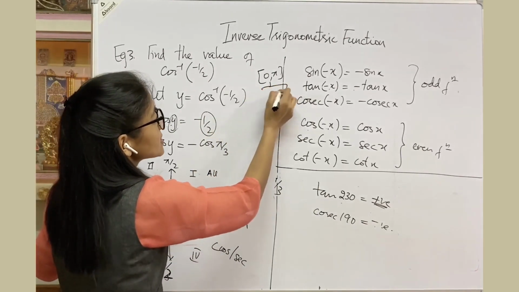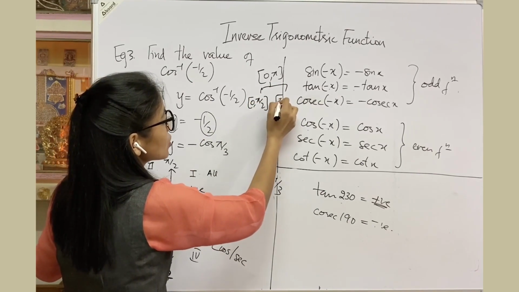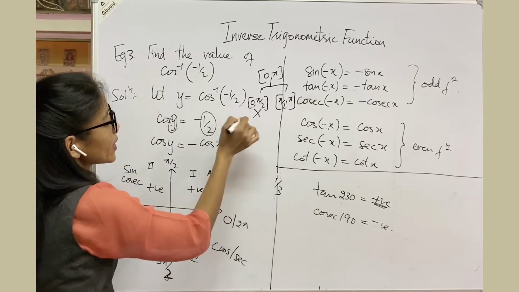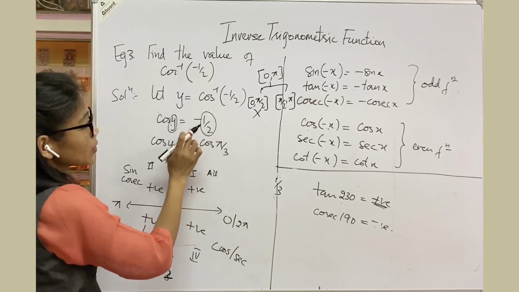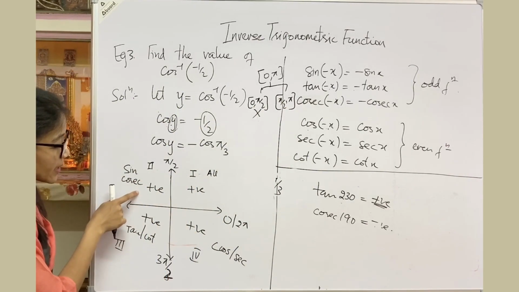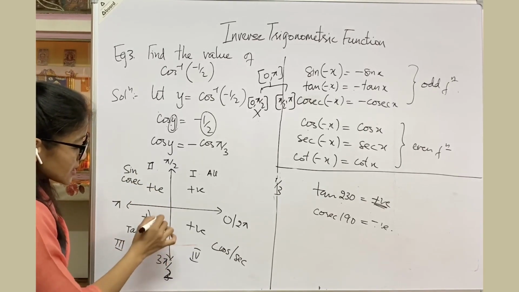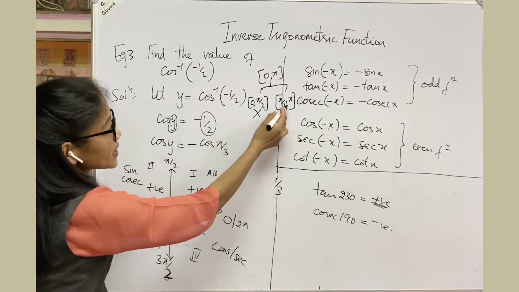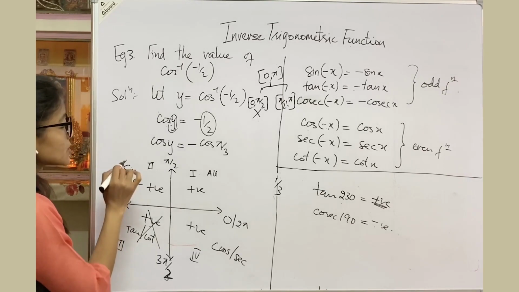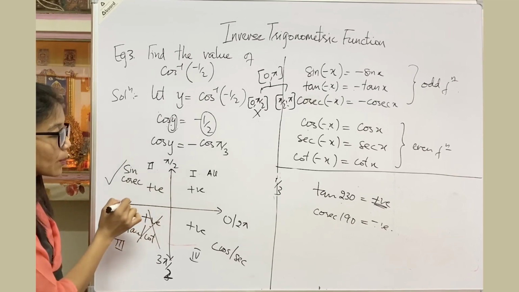So you can divide this into two: 0 to pi by 2, first quadrant, and pi by 2 to pi, second quadrant. In the first, y will not lie because we get a negative value here. So the possibility is here. Y will not lie in the third quadrant because we need to find y in the principal branch. So we are left with only one option, that y has to lie in the second quadrant, that is pi by 2 to pi.